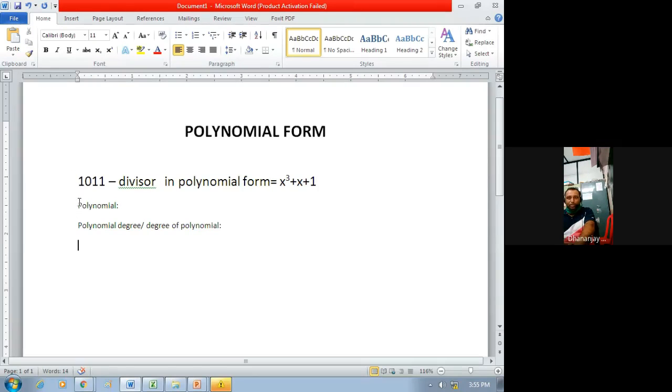Now that will be your answer. That will be your polynomial value for the divisor that you have taken care of.